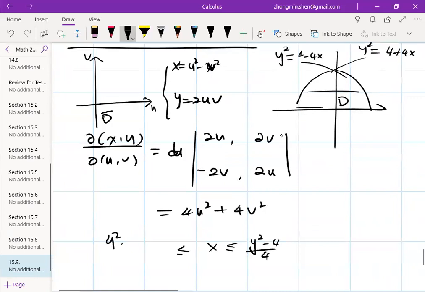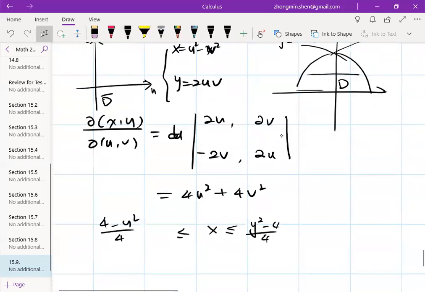Actually, it's 4 minus y squared over 4. Okay. So our transformation here.